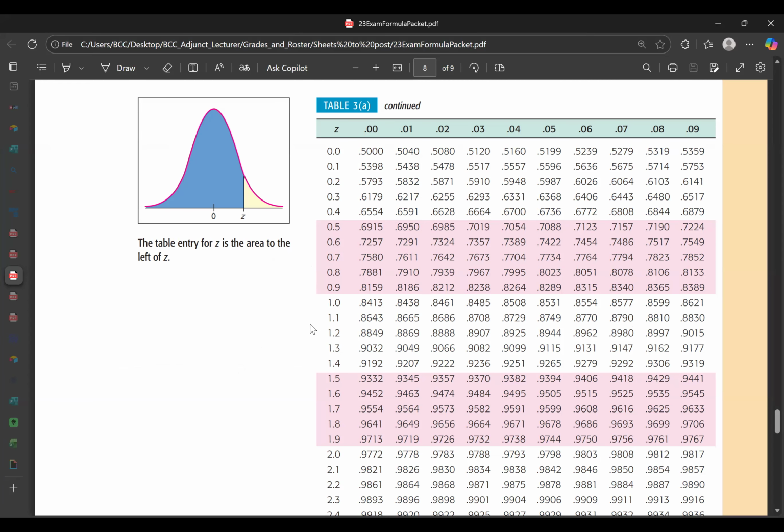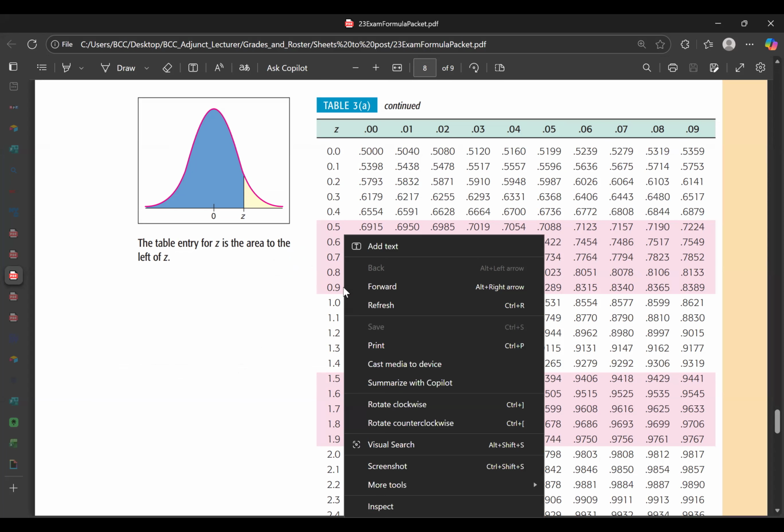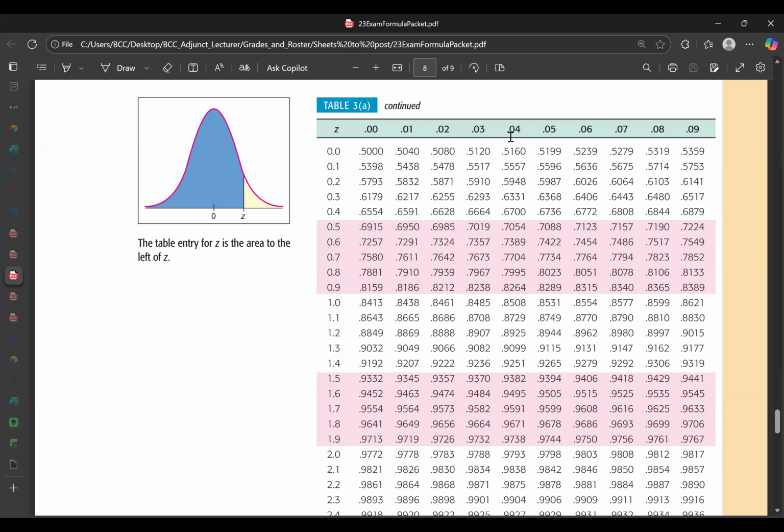Say the number again. No, so it's 0.94, right? So 0.9 is right here. Why is this thing not highlighting? There we go. I'm sorry. 8264, that's it.